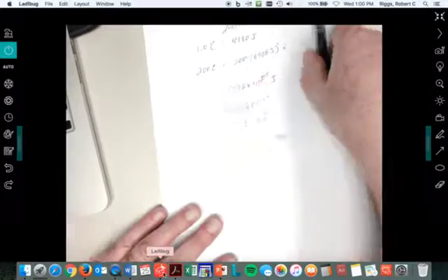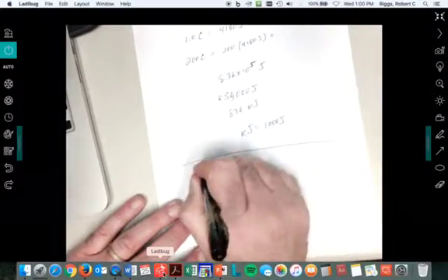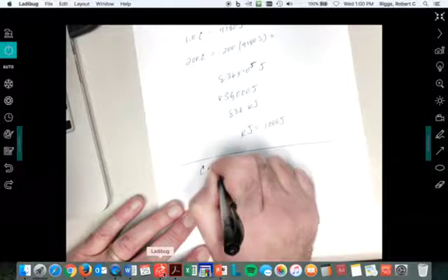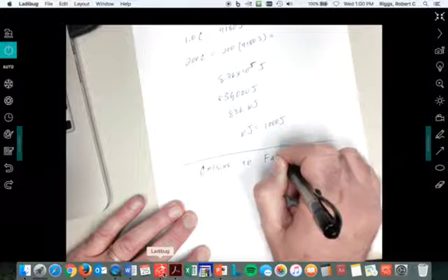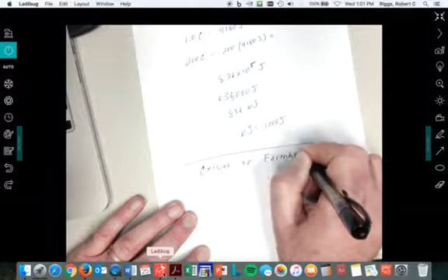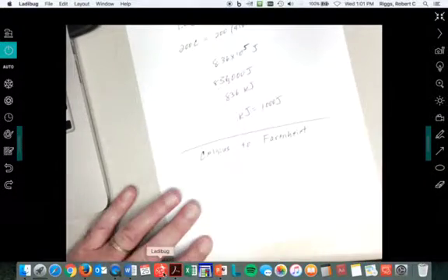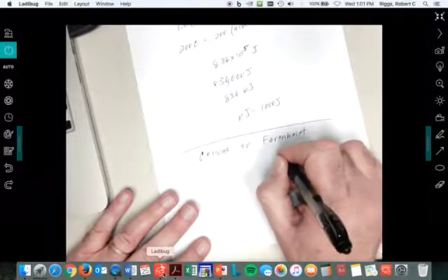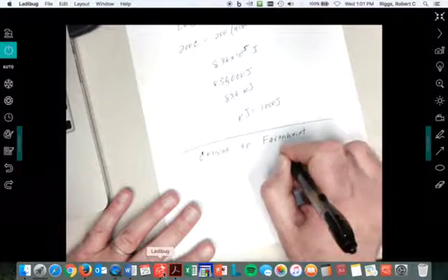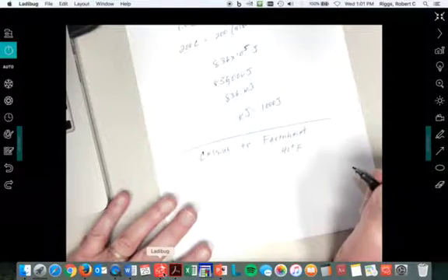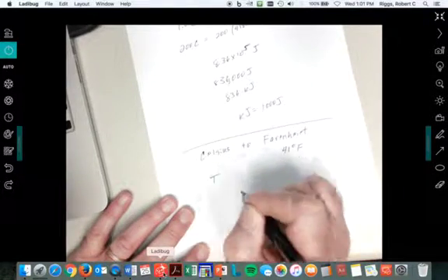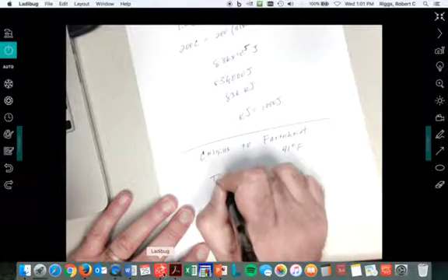So let's do Fahrenheit to Celsius. If I have, let's say, like today, it's 41 degrees Fahrenheit. To get this into the Celsius scale, here's what I do.